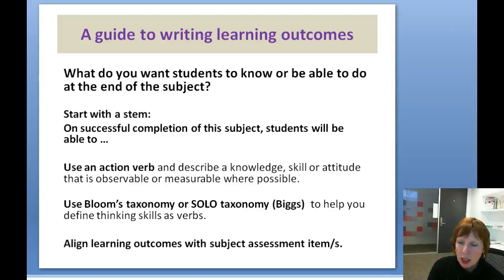We also suggest that you use a range of levels of cognitive processing, and so to help you define the kinds of thinking skills that you want students to demonstrate as verbs, there are two taxonomies, Bloom's or the SOLO taxonomy, which act as a guide for you, and we'll be looking at them towards the end of the presentation. And of course, thinking in terms of how you're going to align your learning outcomes with subject assessment items is a helpful part of this iterative process.